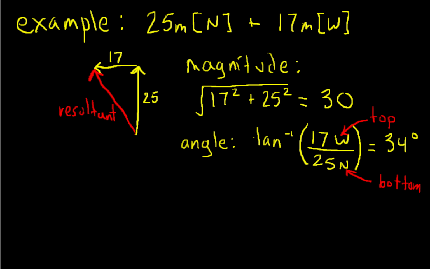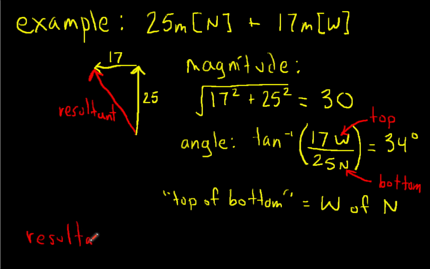And our "of" statement is always top of bottom. Which is west of north. This means that the resultant of 25 meters north plus 17 meters west is 30 meters at 34 degrees west of north.